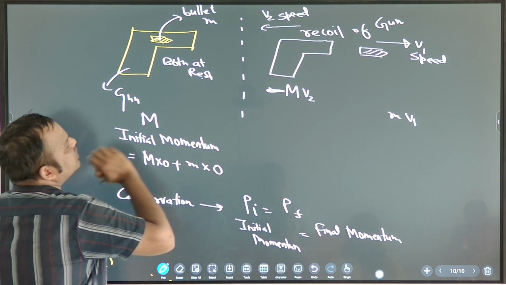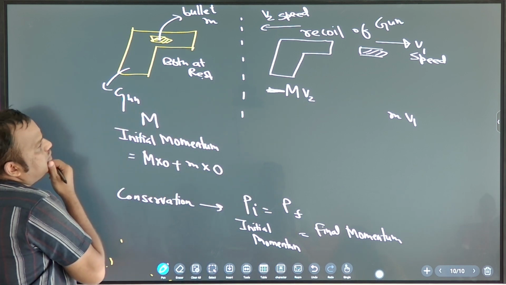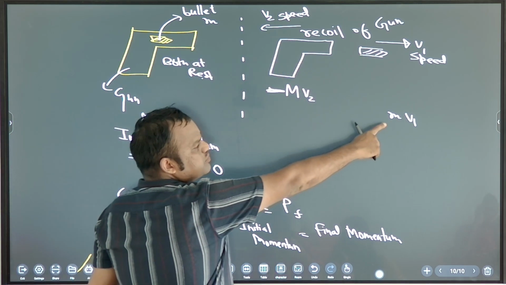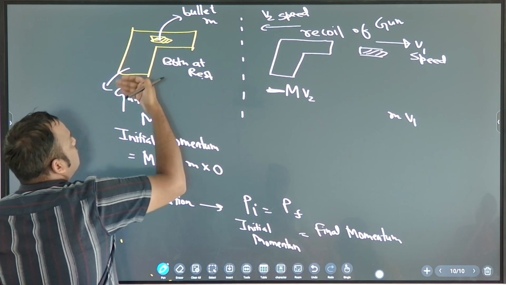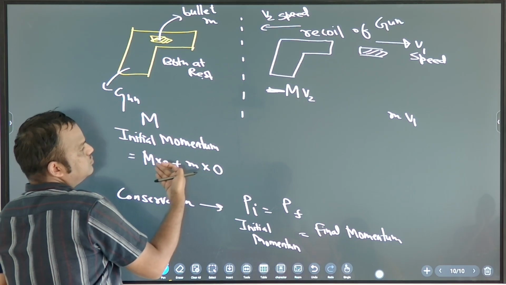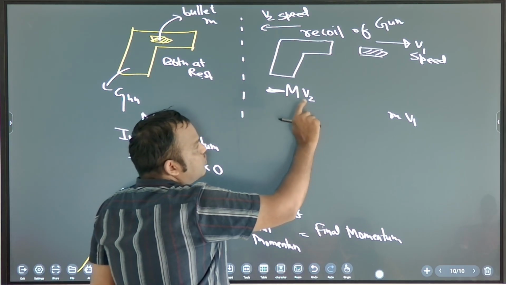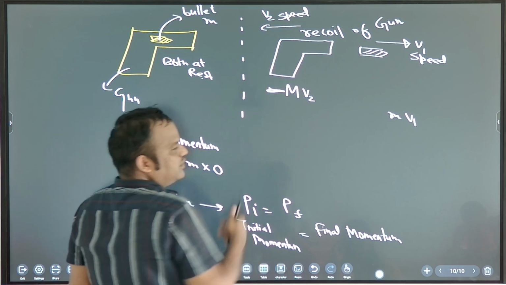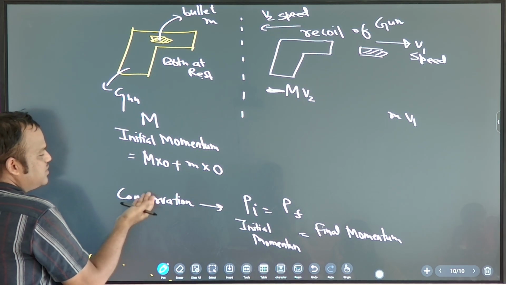Now you observe the momentum of the bullet is initially 0 but finally positive, and the gun's initial momentum is 0 but final momentum negative. Correct. So one is getting momentum on the right side, another on the left side. That's why it is conserved.